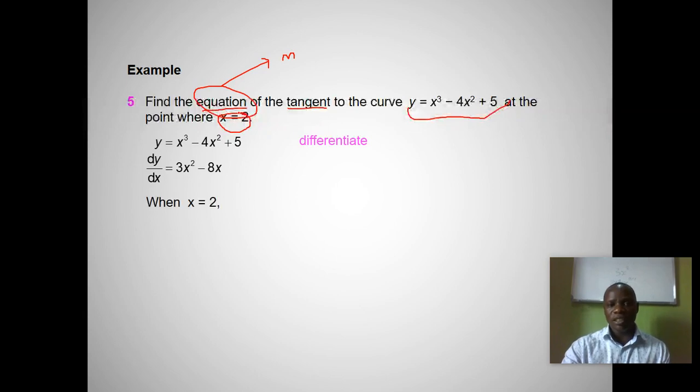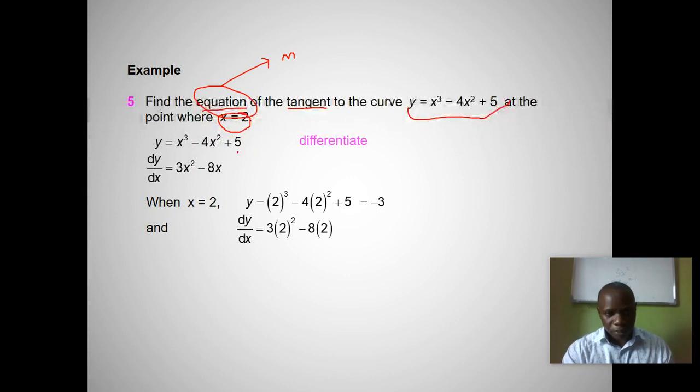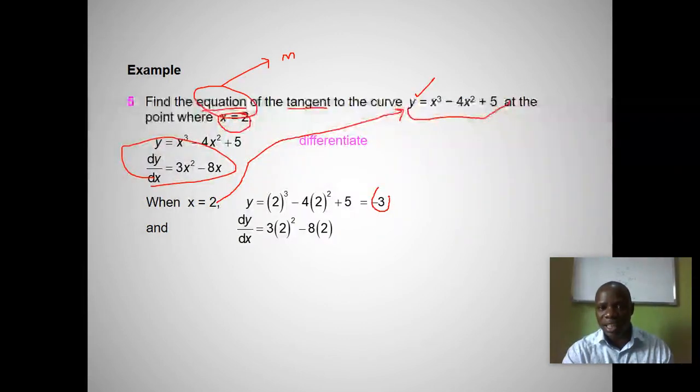So this is what we have. We differentiate first, then replace x by 2, we get -3. I mean, we differentiated here, then we got x is equal to 2 and placed it in the original equation. So when we place x is equal to 2 in this equation, we manage to get the value of y, which is -3. Can you see what is happening here?